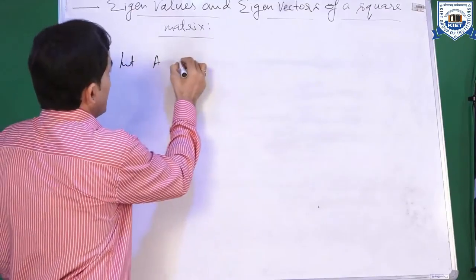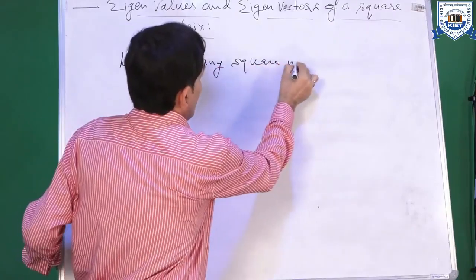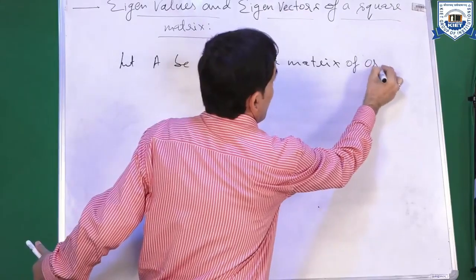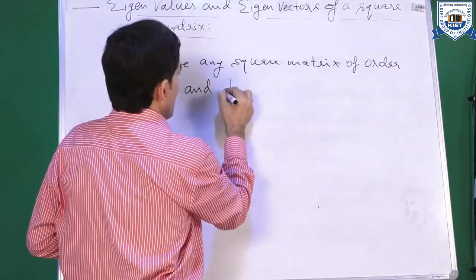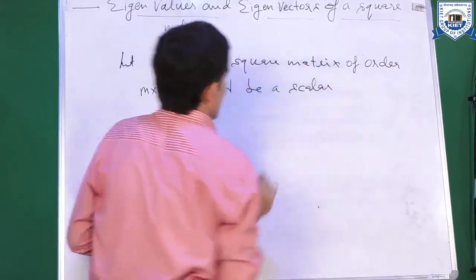Let capital A be any square matrix of order m cross m and lambda be a scalar.